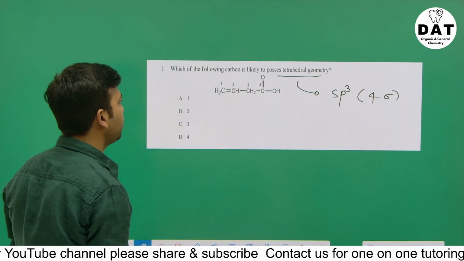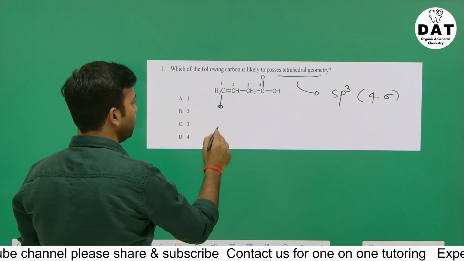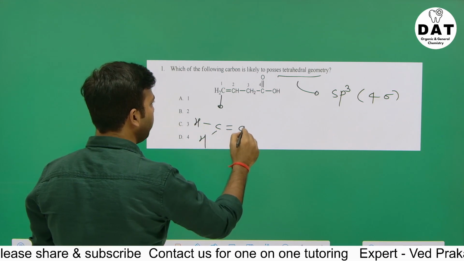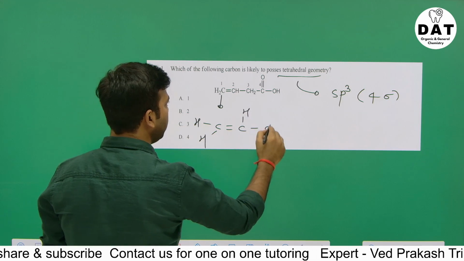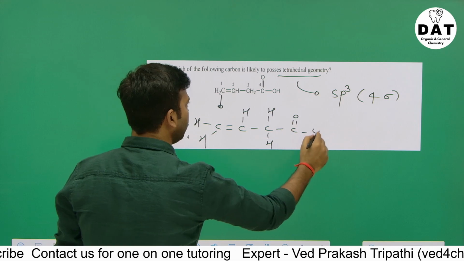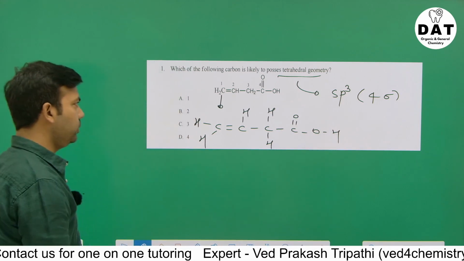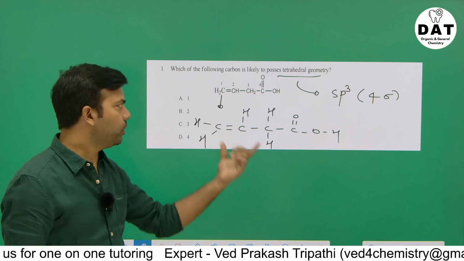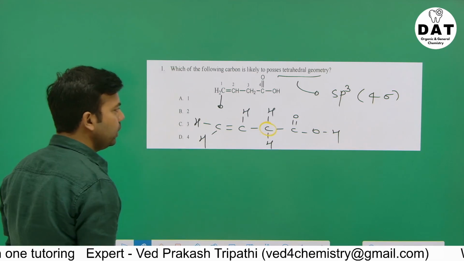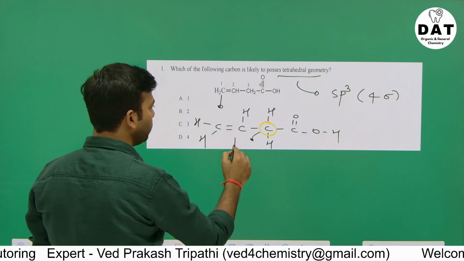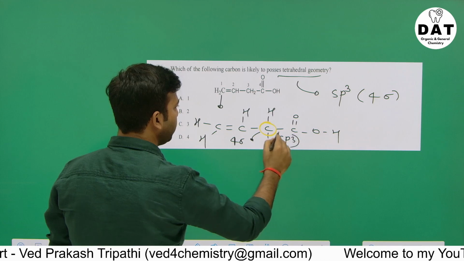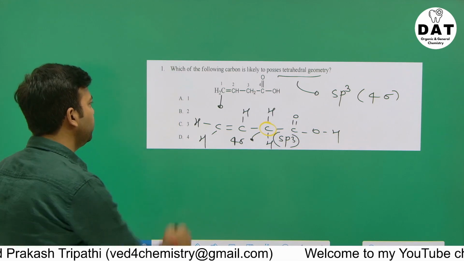If you look at this carbon, it has 2 hydrogens and then there is a double bond carbon and there is a hydrogen, again carbon, again 2 hydrogens like this, and then C double bond O and then here OH. So this is an expanded form of this compound and you can see this carbon has 4 sigma bonds. So 4 sigma means sp3 and sp3 is called tetrahedral, so it should be C.